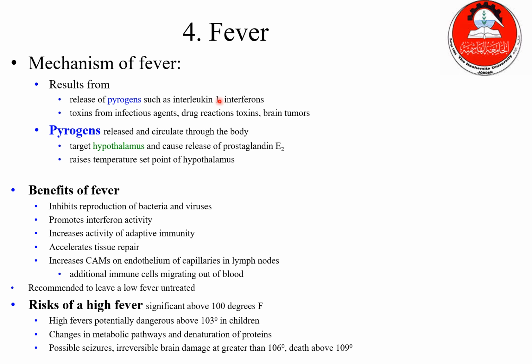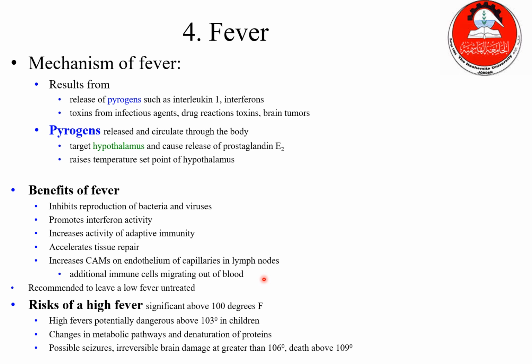The body works all together. Part of what is going to happen is release of prostaglandin and an increase in temperature, and therefore we get an increase in the production of ICAM on the inside of the endothelium, and this is going to lead to white cell extravasation and migrating out of the blood into the affected tissue.